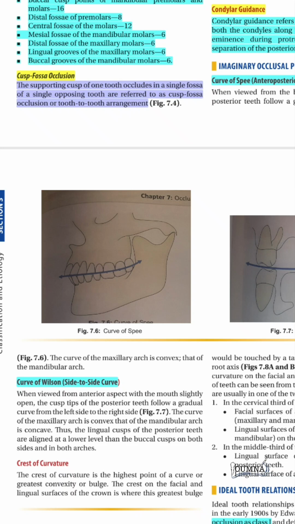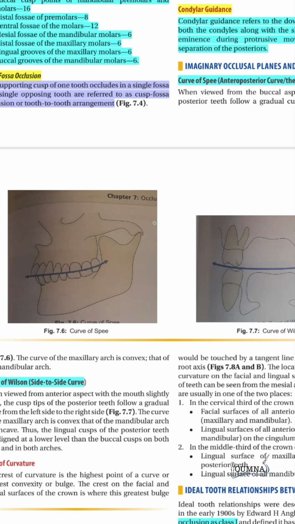This positioning of the teeth inside the arch takes a curve that starts high from the posterior teeth and goes down until it reaches the anterior teeth.